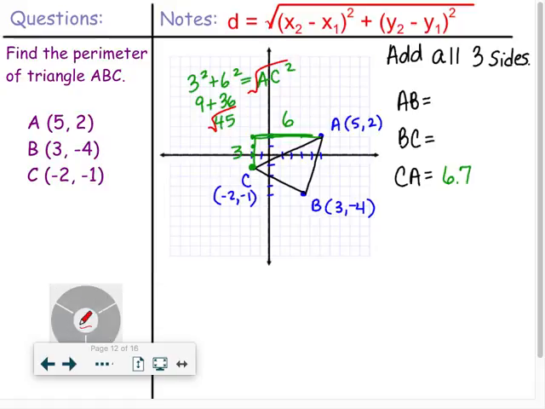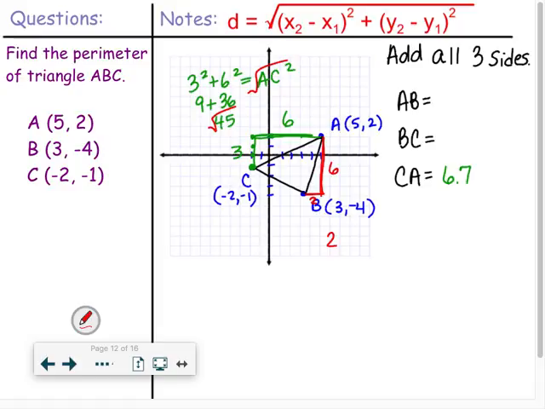Now I'm going to move over to a different side. I'm going to do AB next. So AB, if I turn it into a right triangle, this side is just 2. And then this side is going to be 6 again.